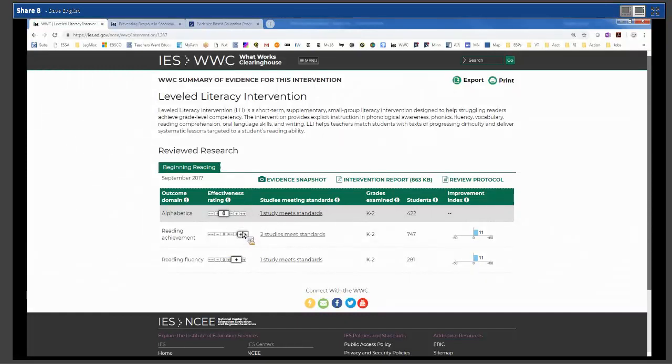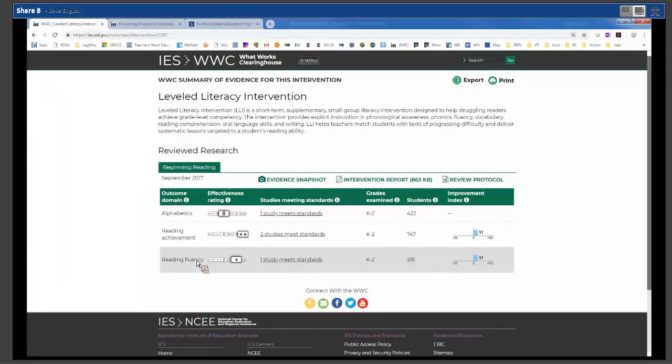If the top 2 symbols are not indicated, then you know that you will not meet tiers 1, 2, or 3. So in other words, when we look at reading achievement, we know that the intervention meets criteria 3 and 4 for statistical significance for the reading achievement outcome.